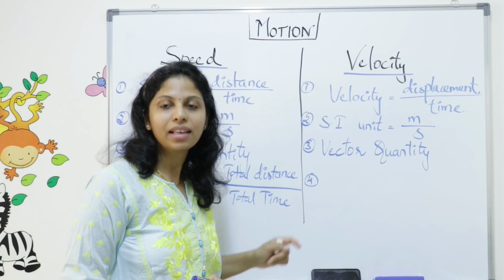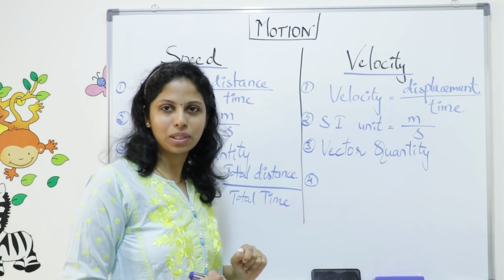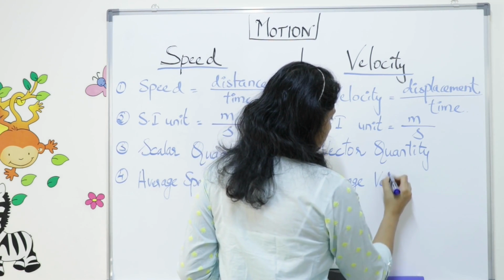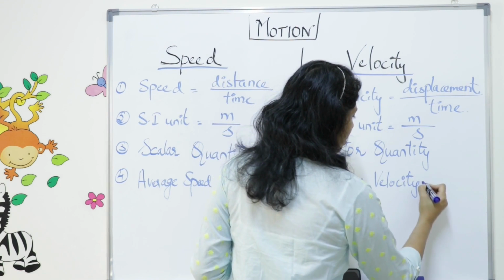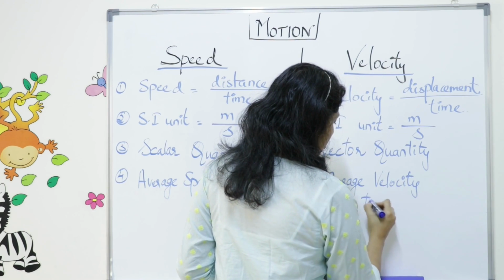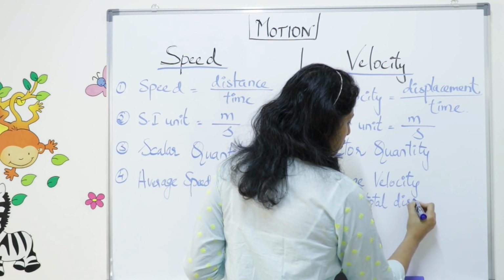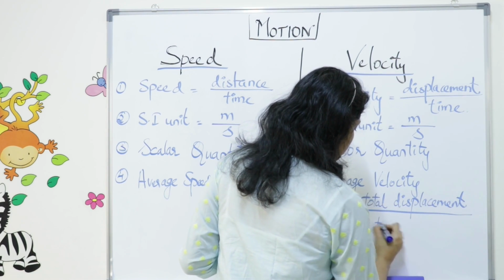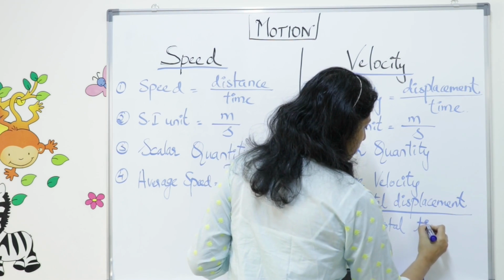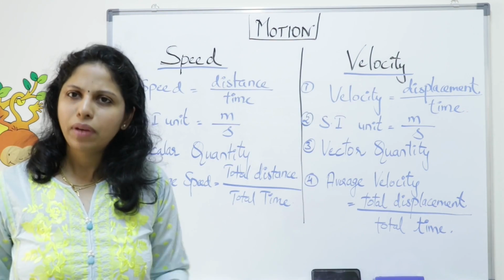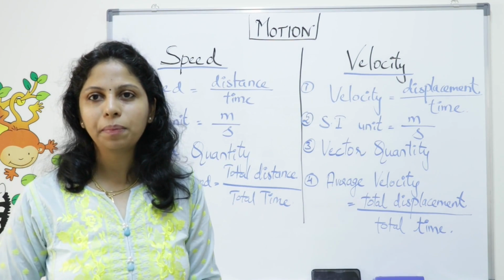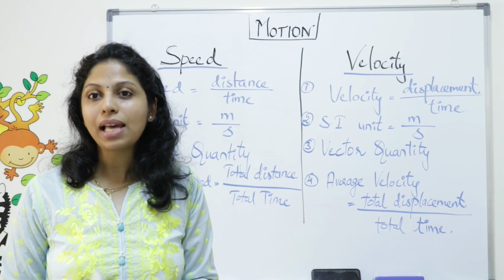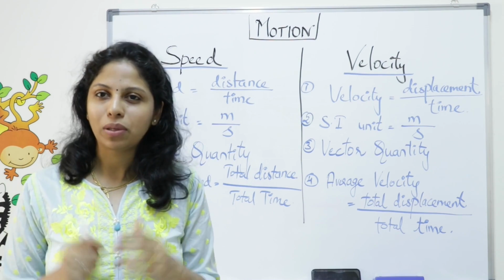Average velocity is the total displacement by total time. We calculate average speed and average velocity if an object travels at different speeds to cover a particular distance.